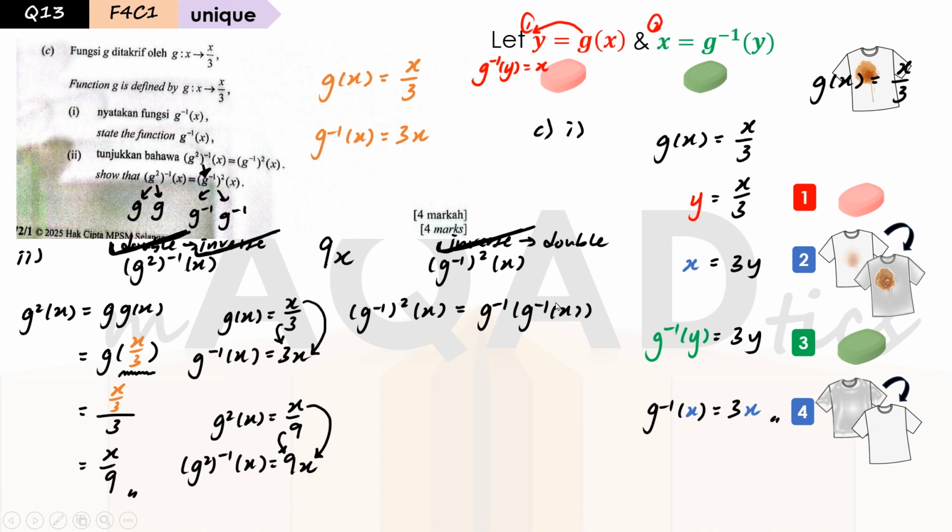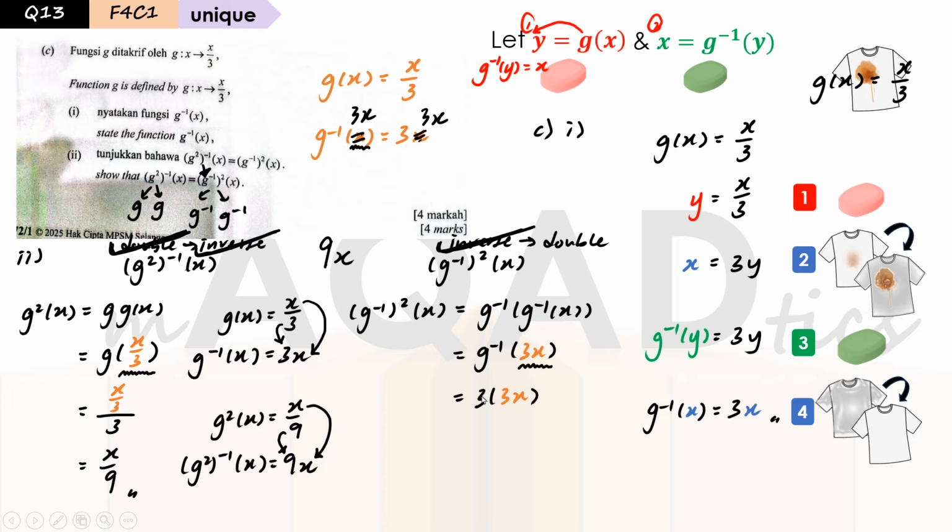We have found that the inverse of g is 3x. Now if we want to put this value inside the inverse of g, how are we going to do it? We can assume that this is the new value of x. So the x here will change to 3x, which means all of the x values will change to 3x. So it would be 3 and inside of it is 3x.